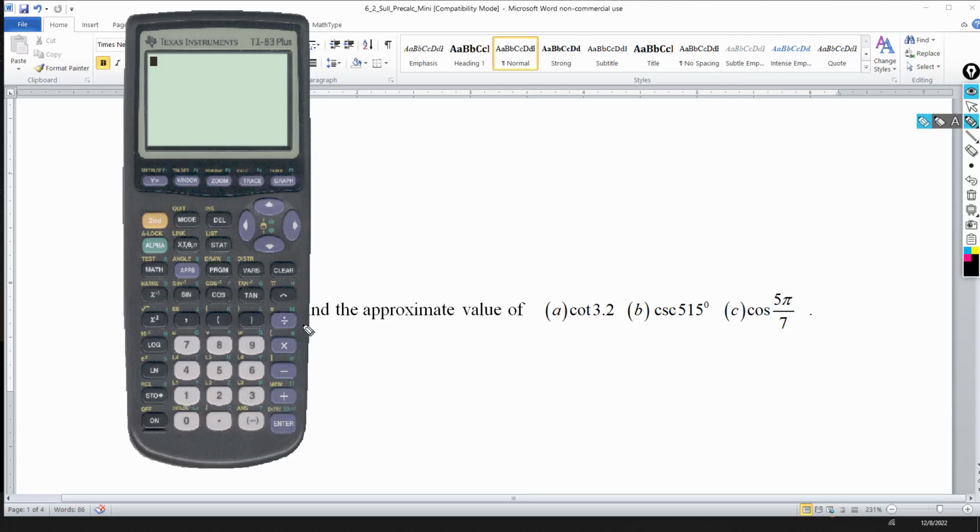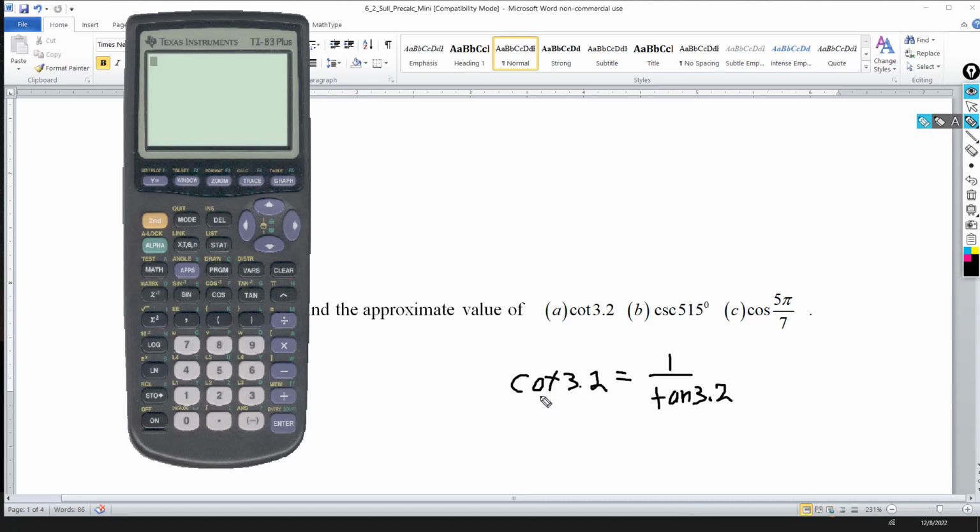Now, the calculator has your sine, cosine, tangent. It doesn't have the reciprocals here, but we know that the cotangent and tangent are reciprocals. So the cotangent of 3.2, that's in radians, is the same thing as 1 over the tangent of 3.2.